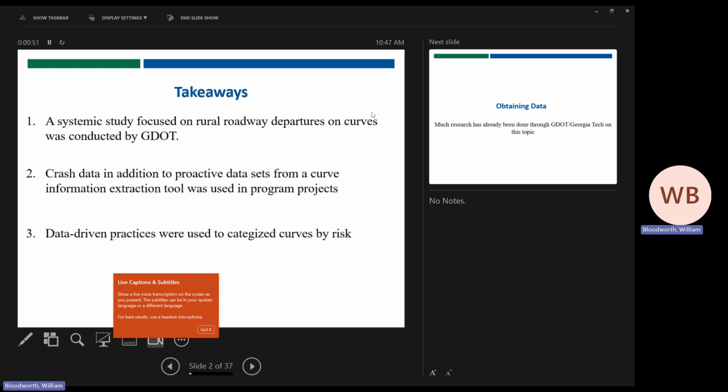And then finally, we used a data-driven approach to categorize all of these curves into 5 different risk levels. Those different risk levels have different types of countermeasures that we used in the programming of the projects.